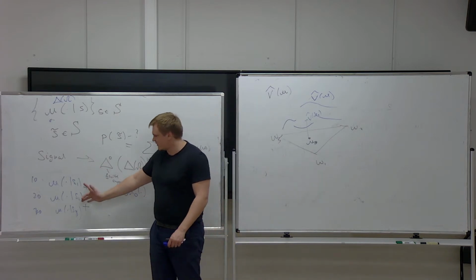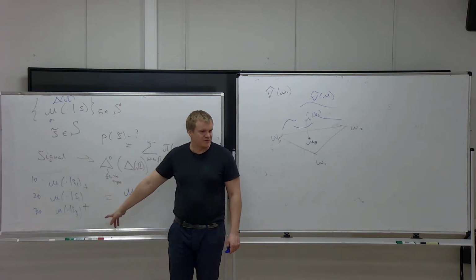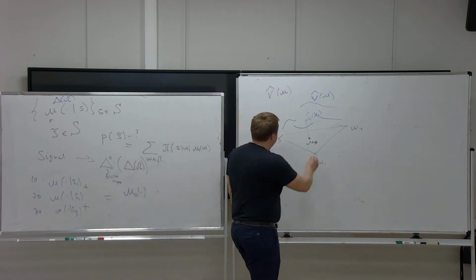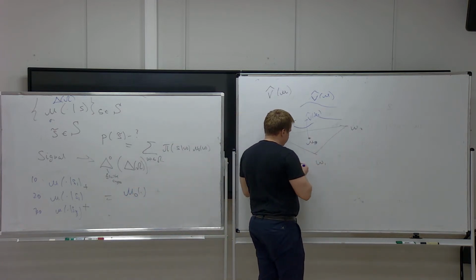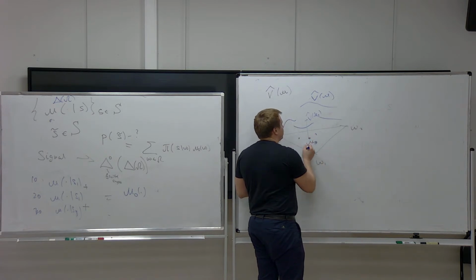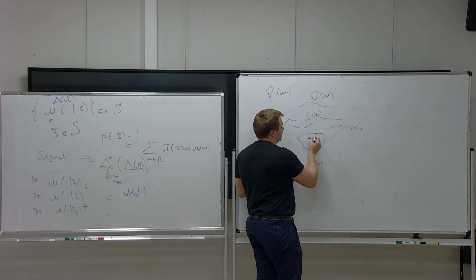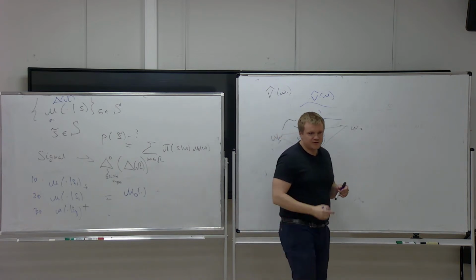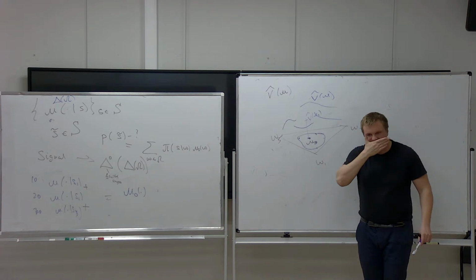But what are these things? This is just picking probability distributions such that their convex hull is exactly mu 0. We can convexify.